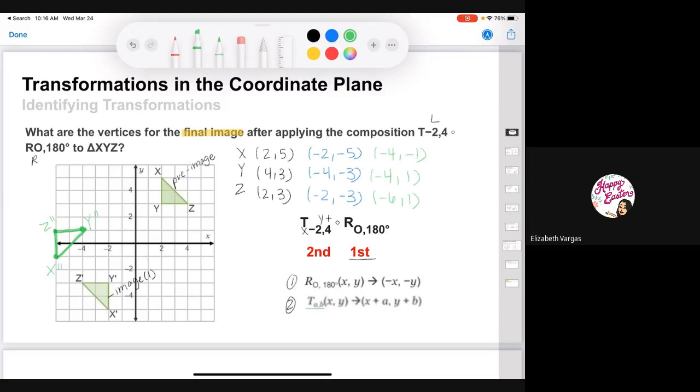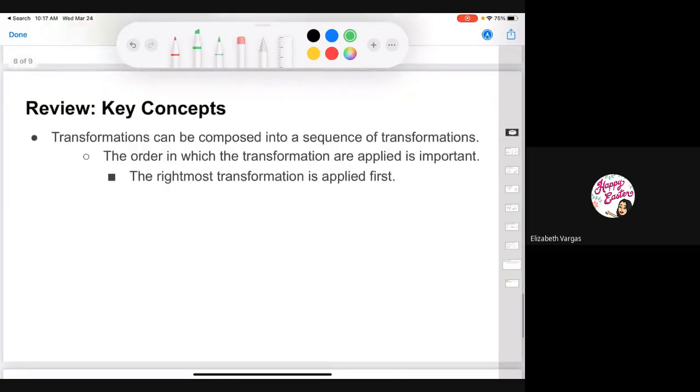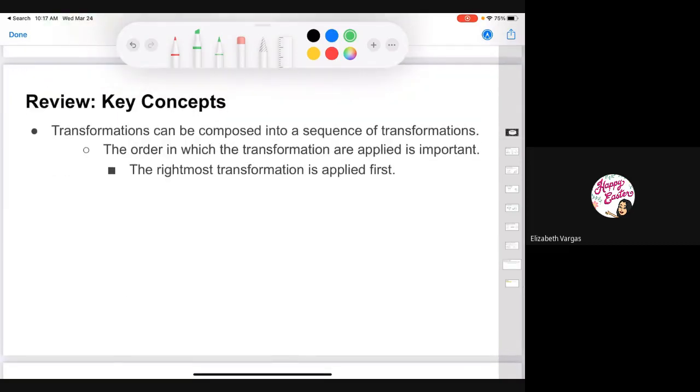Okay, so basically you can use the mapping rules to find where those vertices or those coordinates map to after those different rotations or transformations. Okay. Any questions about this? Again, reading it from right to left. Right to left. Okay. So transformations can be composed into a sequence of transformations, which is compositions.